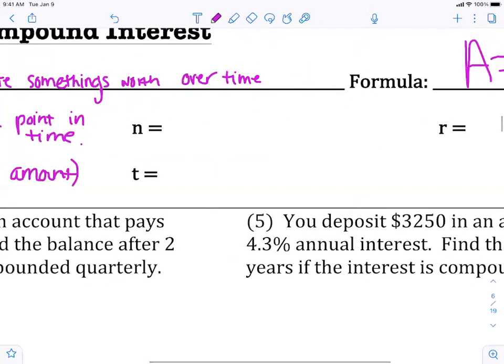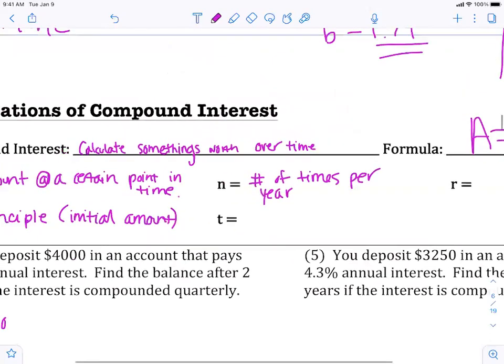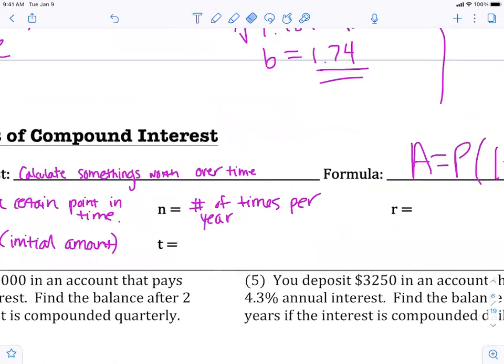Now, N, this stands for the number of times per year that something is compounded. So that's what we actually mean when we say compound interest. It's kind of like how many times are we going to be applying this interest?